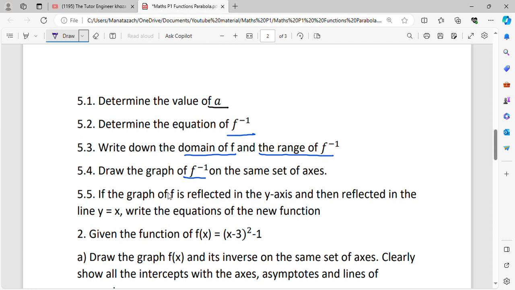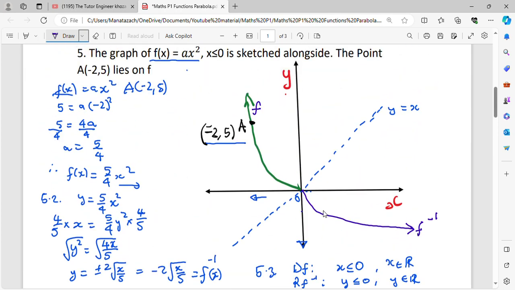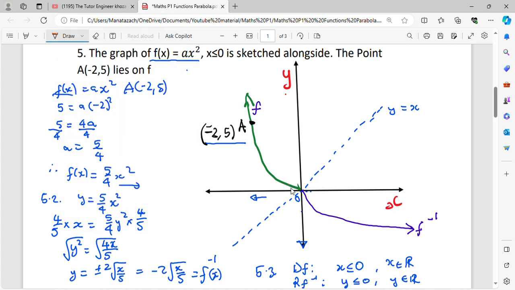And then 5.5 says if the graph of f is reflected in the y-axis and then reflected in the line y is equal to x, write the equation of the new function. Okay, let's just demonstrate that. They are basically saying you take the graph of f, you reflect it about the y-axis, so it will look something like that.